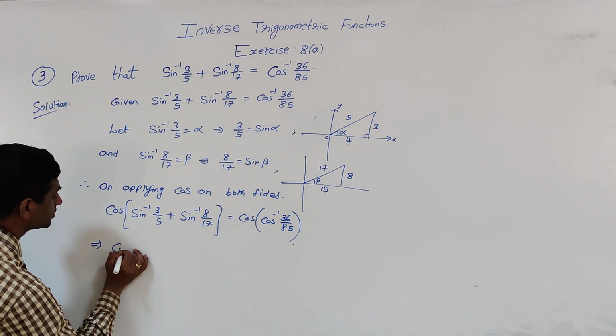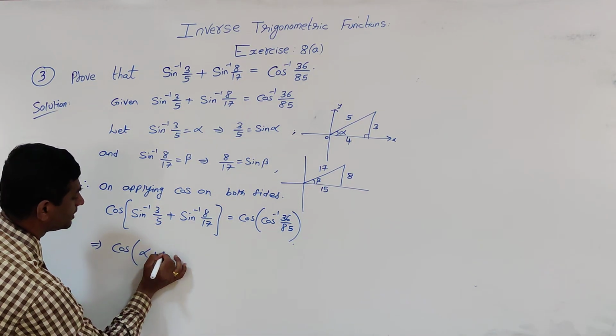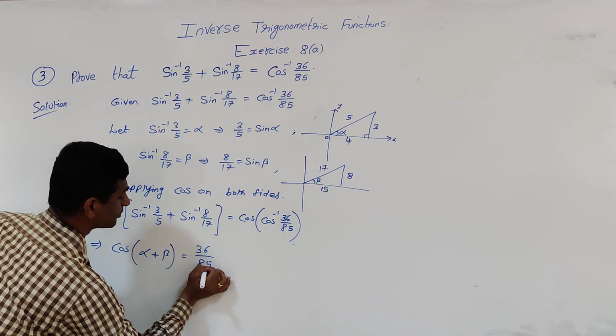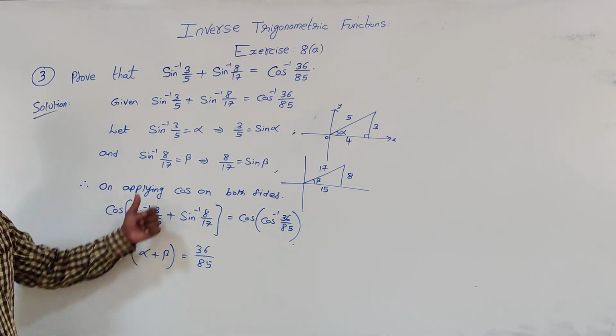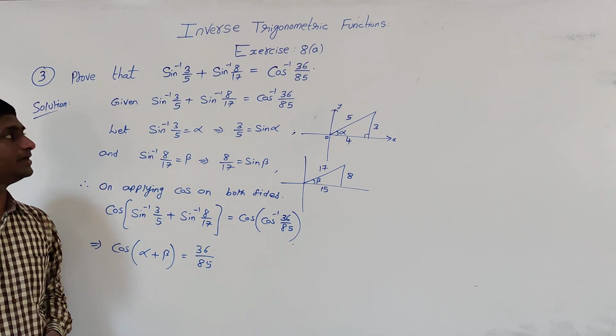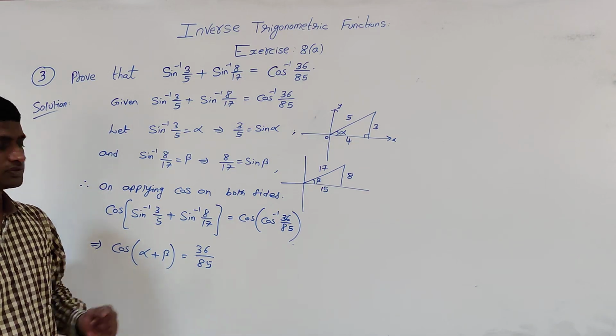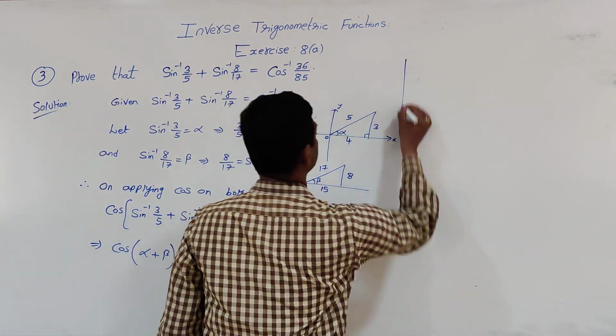That means cos of alpha plus beta is equal to 36 by 85. Instead of showing cos inverse of 36 by 85, we can show that cos of alpha plus beta is 36 by 85. So we'll take the LHS.